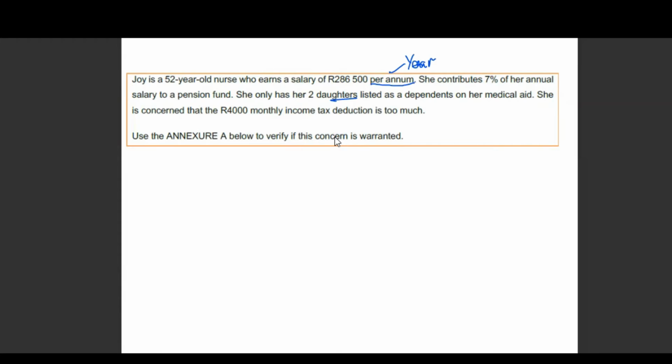Anyway, number one, what you're going to look for in this scenario, take note. They have talked of the annual salary. They never told you it's taxable. And they have talked of 7% pension.